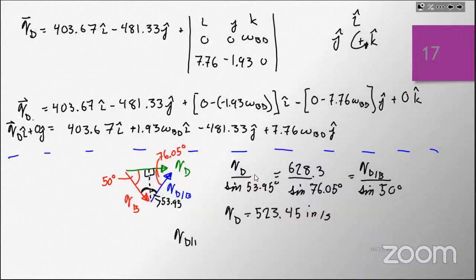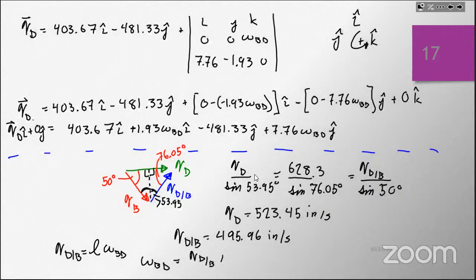We know that VD with respect to B is equal to 495.96 inches per second. Well, V of D with respect to B is equal to the length of the bar times omega BD, and omega BD is equal to V of D with respect to B over L, which is 495.96 divided by 8 inches, which gives me 62.0 radians per second.